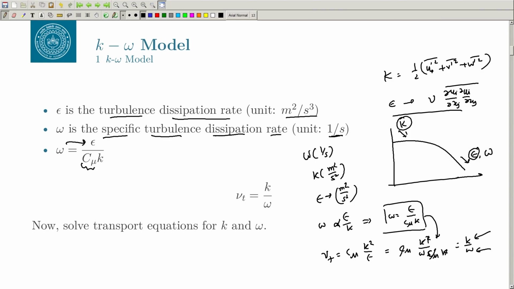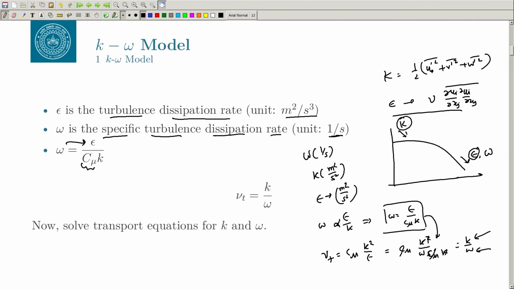The k equation, as we have discussed, can be derived from first principles, although you can make some assumptions about terms which are not very important, like the viscous transport of the kinetic energy or certain stresses, which you can omit. So there is some modeling aspect there.